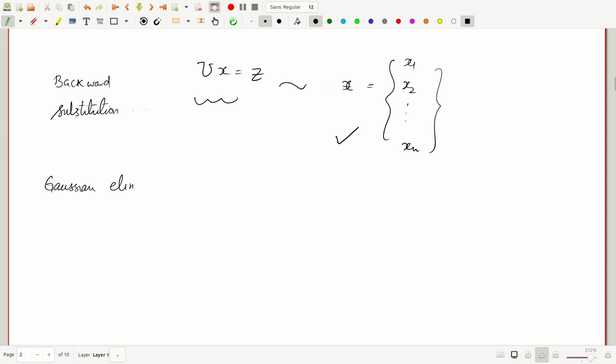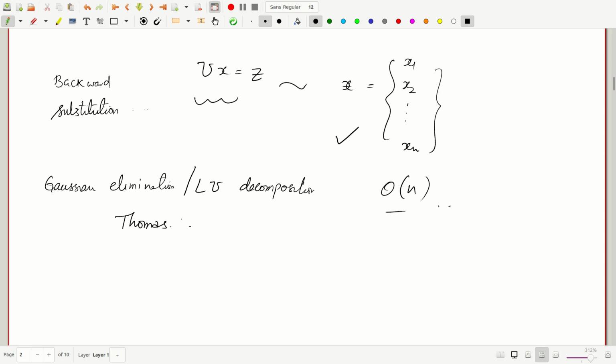Either Gaussian elimination or LU decomposition, the computational complexity is order n. Or even for the Thomas algorithm, you can show that all of them come out to be the same order. Okay, but what is the shortcoming here?